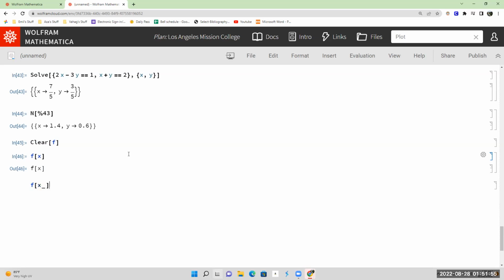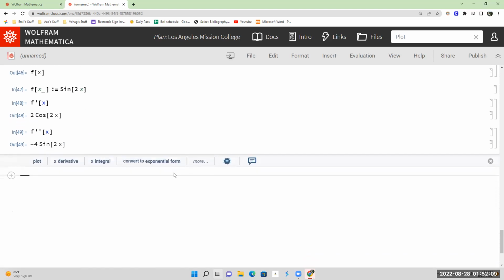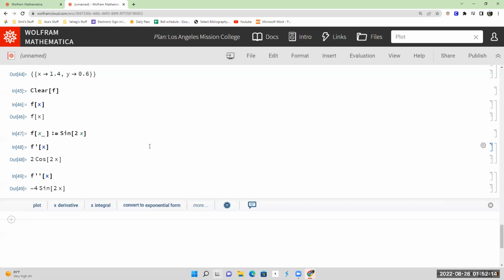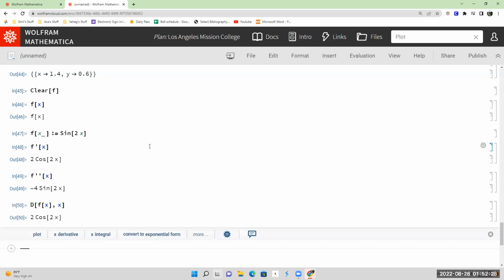All right, so once we have this, it's just a little bit about derivative. So let's say we have f of x is equal to sine of x. Let's do sine of 2x for good measure. So I already mentioned that this is one way to take derivative. And in fact, we can use double apostrophe signs to do second derivative. But what if we want to do fifth derivative? Well, instead we're going to use the D function. The way you do this is, if you want to do the first derivative, you just do the derivative of f with respect to x, and you just enter it that way.